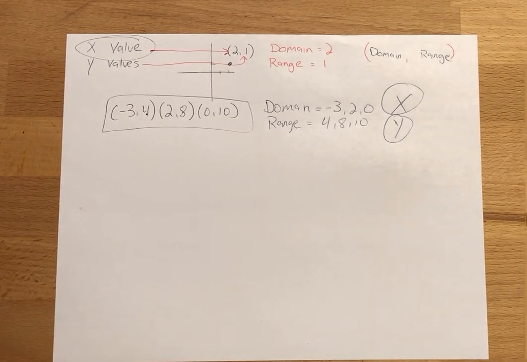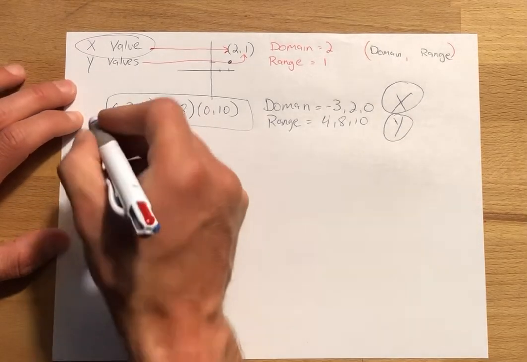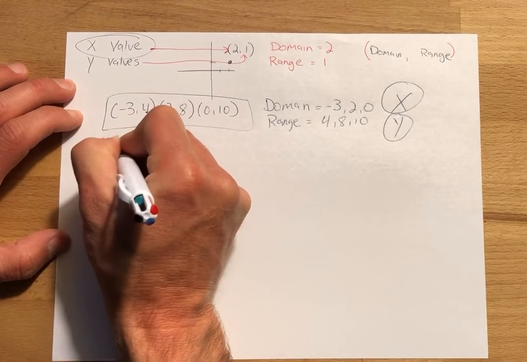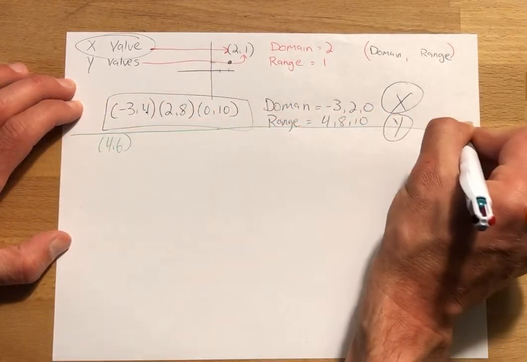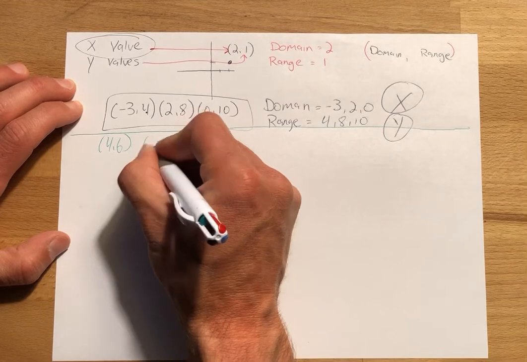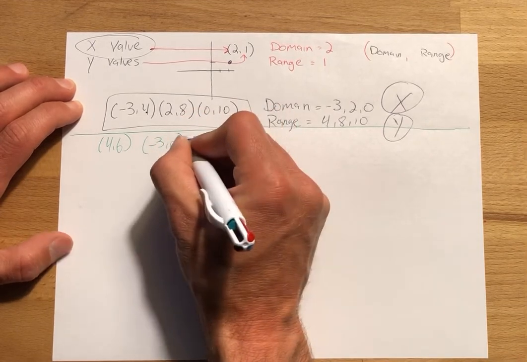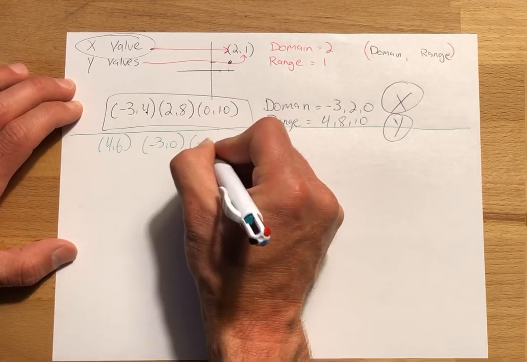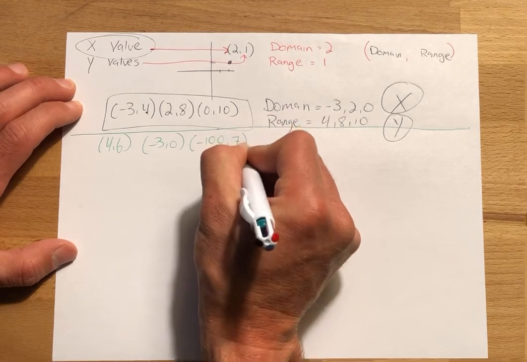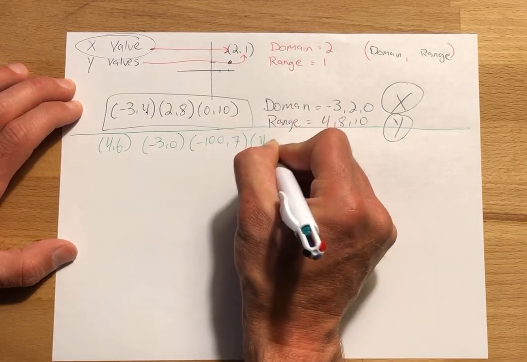So look at the first set of coordinates that I give you in your notes. I say, okay, let's take 4, 6, -3, 0, -100, 7, 4, -8.